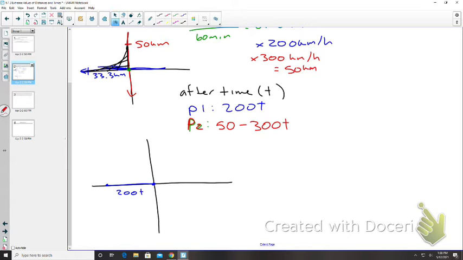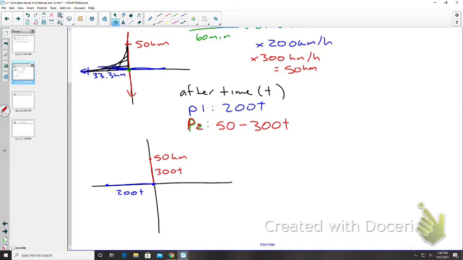And remember that when the blue plane passes the house, our red plane is 50 kilometers north of the origin, and as that plane moves towards the house, it is going to move at the rate of 300 t.